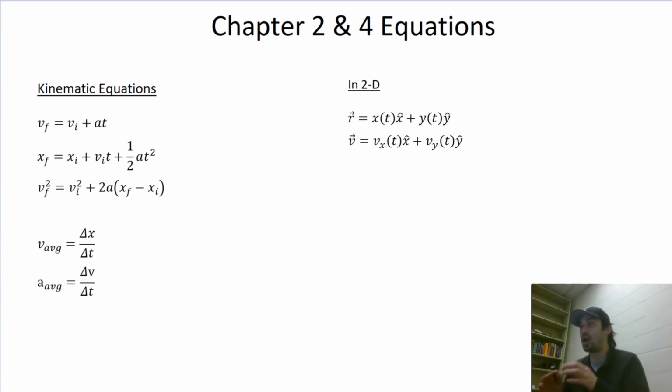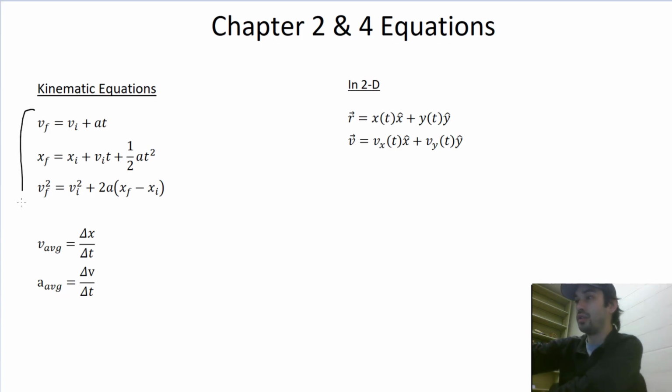To start with, chapters 2 and 4 are the one-dimensional and two-dimensional kinematics sections, so I'm putting those together here. These are the equations that are going to relate your position, your velocity, your acceleration, and time. We have these equations on the left that tell us all of the information we need.